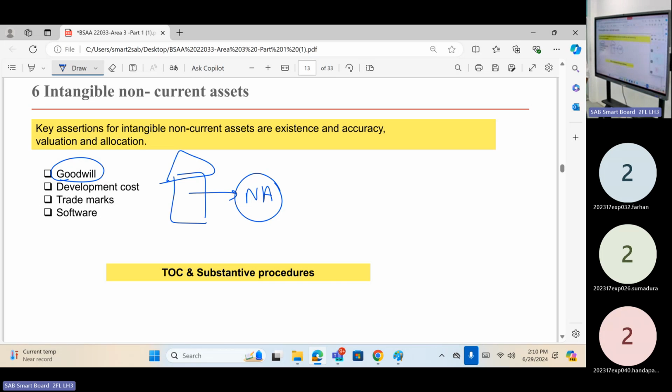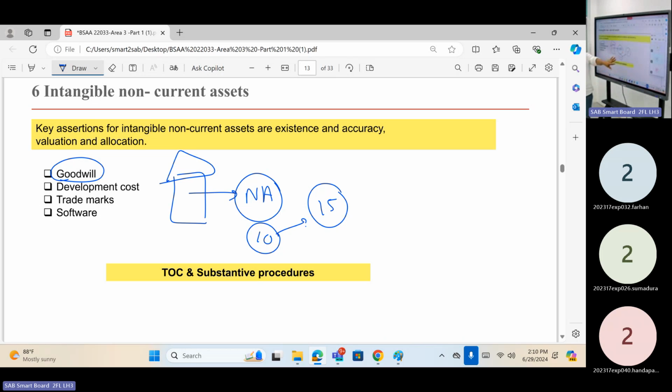So then you are supposed to sell this business. Once you are selling this business, your net asset value is, let's say, 10 million, and you have a purchase consideration of 15 million.